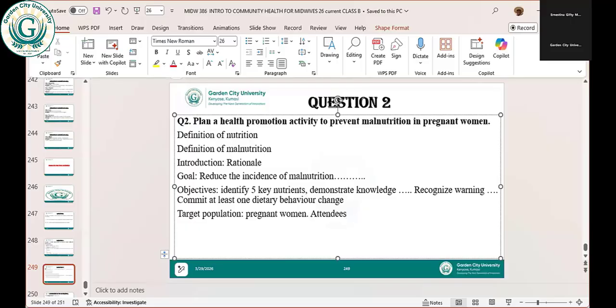Okay. And then we talked of adolescent mothers. Then we also talked of women in low income or rural communities.